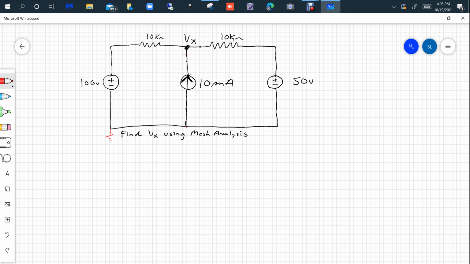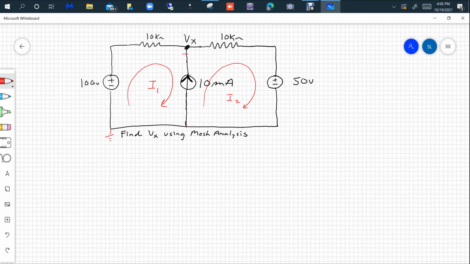I'm going to define a loop current here as I1, and a loop current here as I2. Notice we have two currents flowing through the 10 milliamp current source. I like to label my loop currents in a clockwise direction. That's the way I present the material.